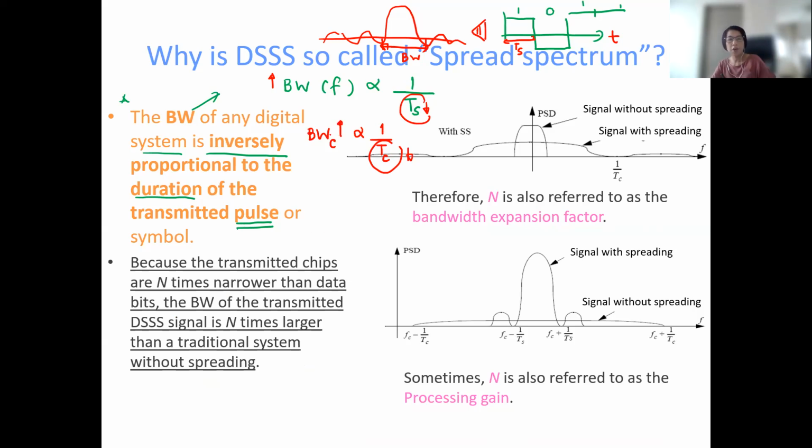This is a very simple concept. Just make the original time duration of the symbol very short before it is transmitted, and that already makes the bandwidth wider. You do not need to jump like frequency hopping.